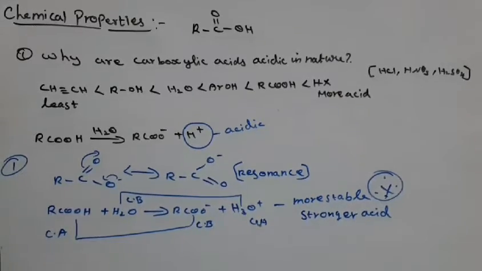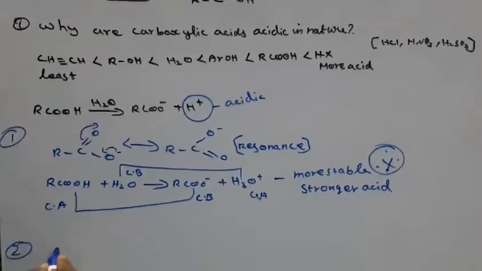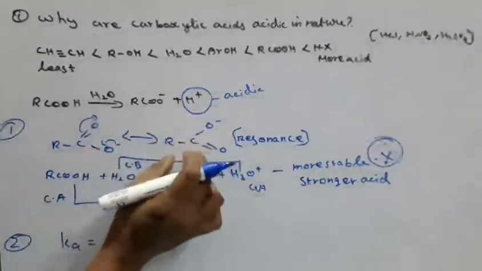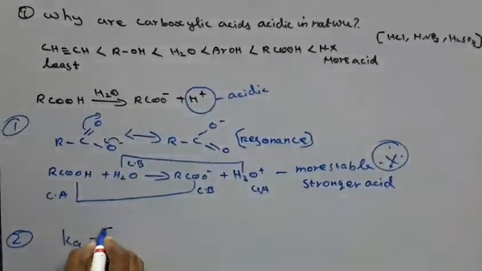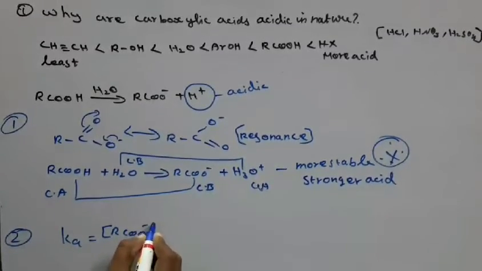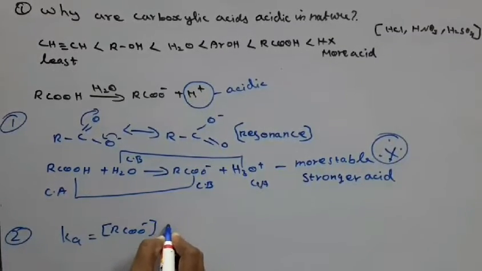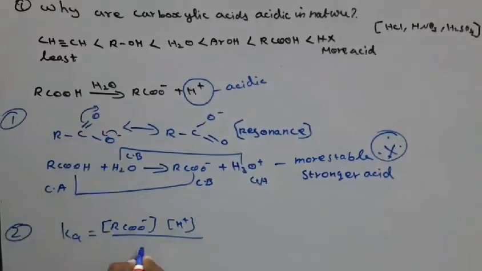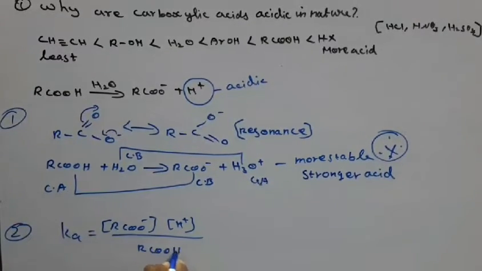Next, we take the equilibrium constant Ka, equal to the product of the concentrations of the carboxylate anion and H plus, divided by the reactant, COOH.